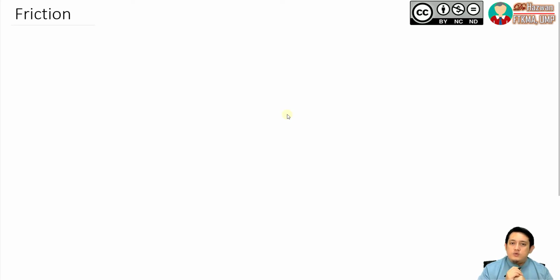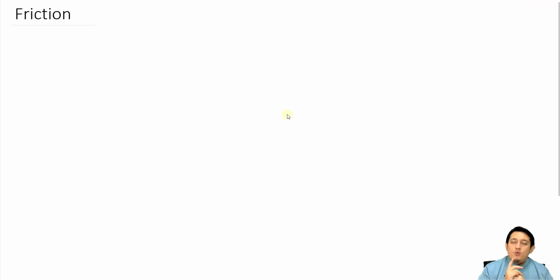Okay, so what we are going to calculate: let's say we have a box on the floor, and we want to move the box. What is the force that is needed to move the box? That is one of the examples we are going to calculate or determine.